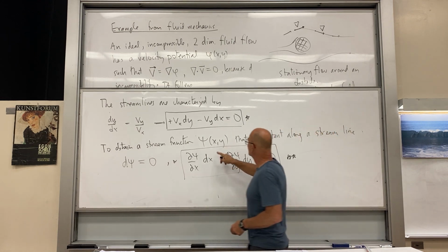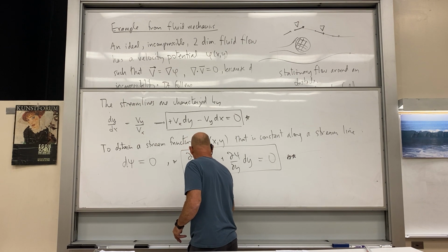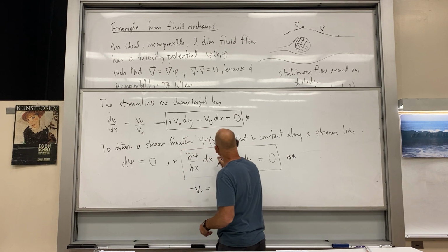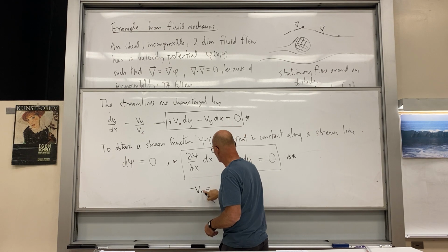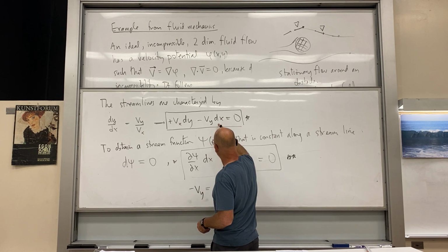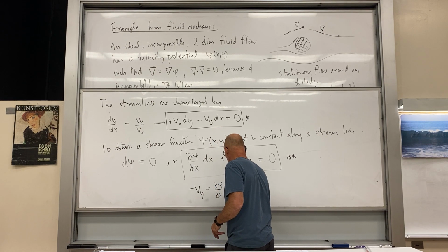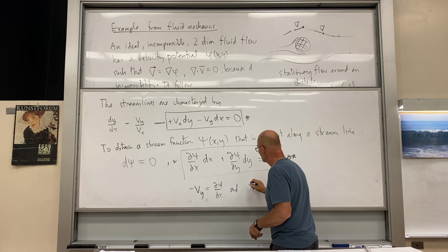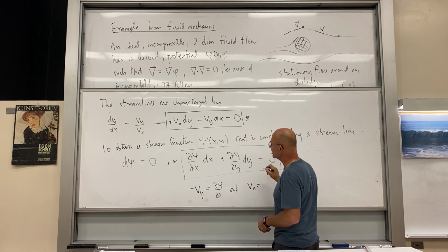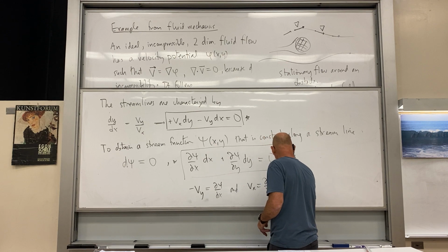Then we will have, for the dx, minus vy is equal to dC dx, and vx is equal to dC dy. Make sure I chose these right.